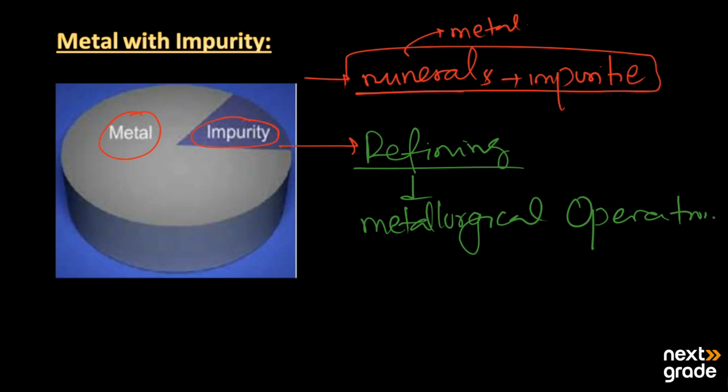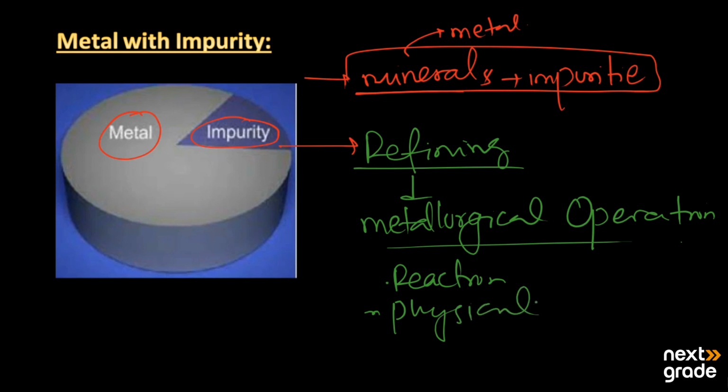These metallurgical operations contain many types of processes. There may be different types of reactions, and different types of physical processes for purifying the metals. All that depends upon what type of metal is present and what type of impurities are present in that metal. In this way, the metal is obtained in pure form.